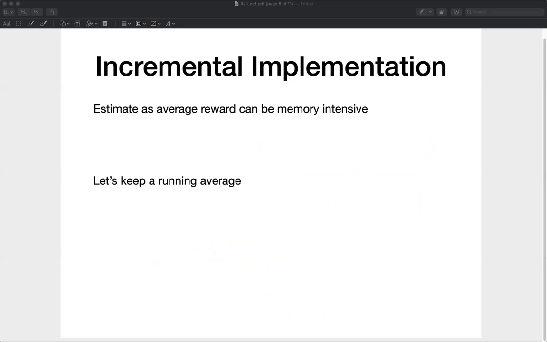Okay, so I can rewrite that now, and I'm going to distribute that r of n over to get 1 over n r of n plus n of q of n minus 1 minus 1 times q of n minus 1.